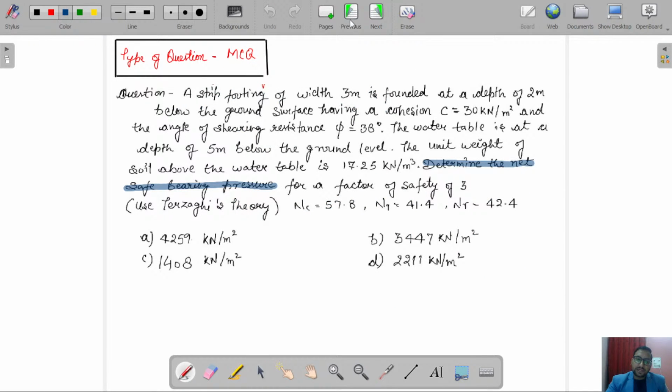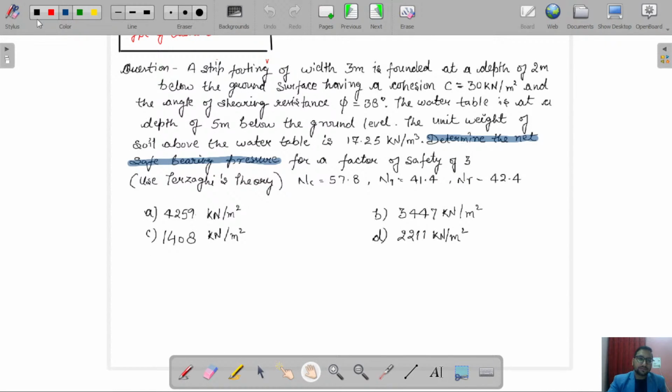Now let's get back to our question. The data given is the width of foundation, so the B value is given as 3 meters.